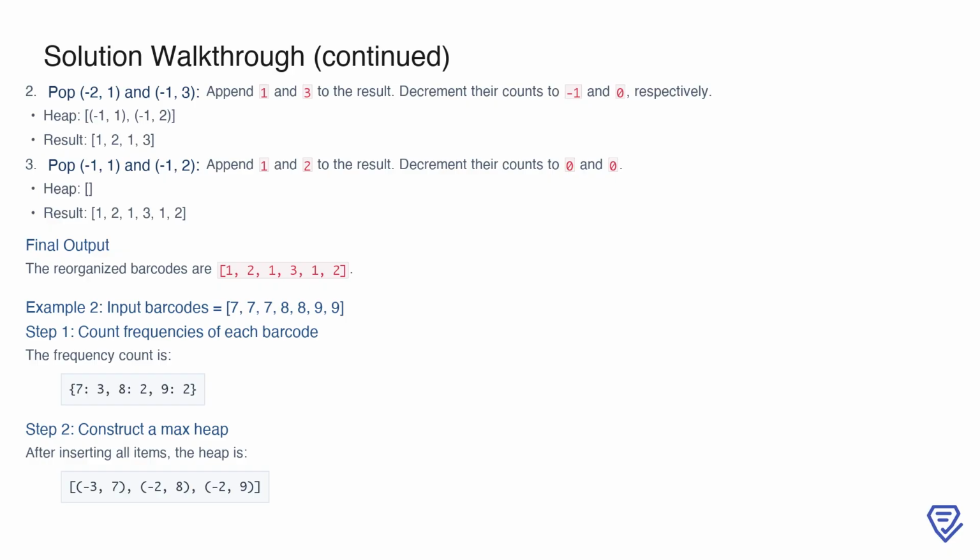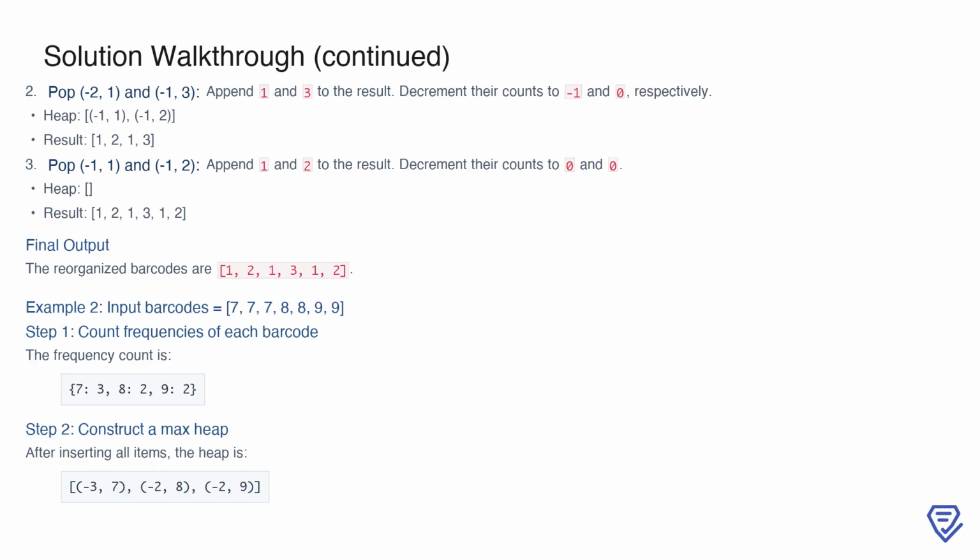In the third iteration, we pop (-1, 1) and (-1, 2), corresponding to barcodes 1 and 2. These are appended to the result array, and their counts are decremented to 0 and 0. With no remaining counts, the heap becomes empty. The final result array is 1, 2, 1, 3, 1, 2.